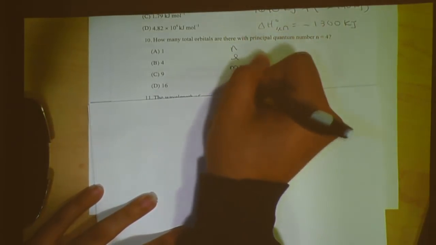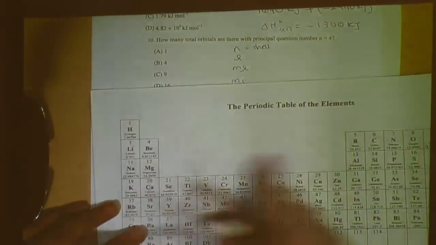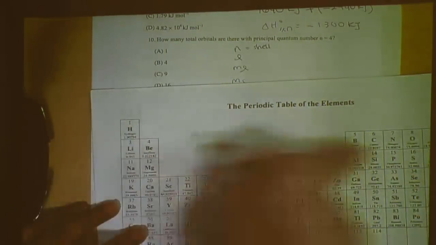Question 10, how many total orbitals are there with principal quantum number n equals 4? So, if you remember, we have n, l, ml, and ms. N is the shell, and it's basically, if you look at a periodic table, it's the period number. Period is the one that goes horizontal like that.